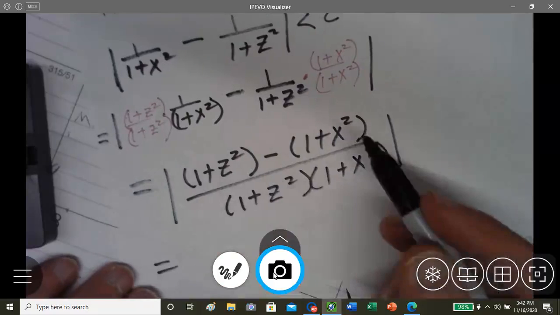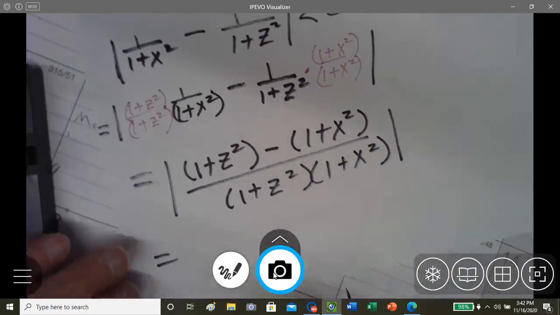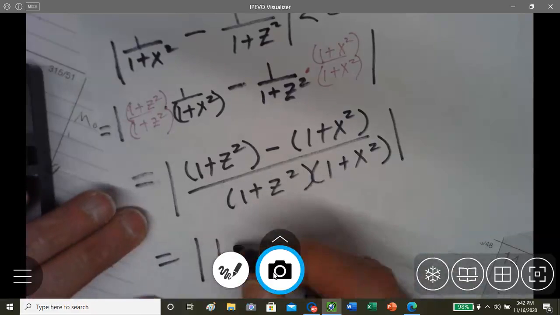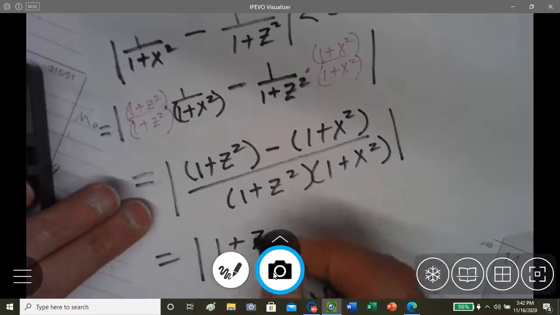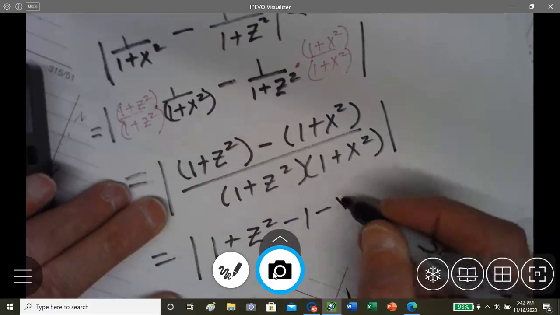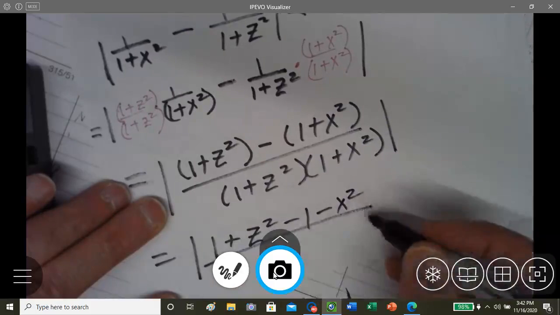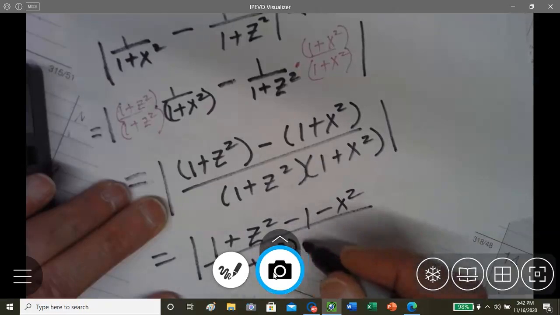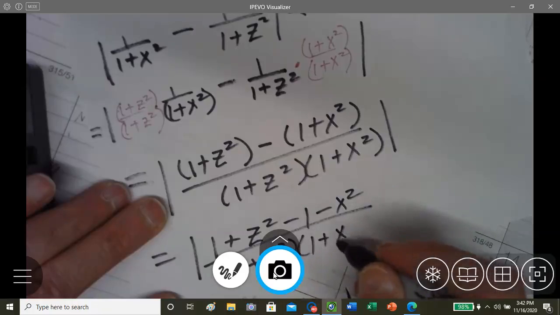Okay, so we distribute that negative, and that'll be 1 plus z squared minus 1 minus x squared all over 1 plus z squared times 1 plus x squared.